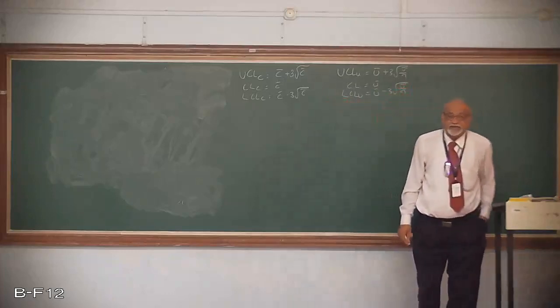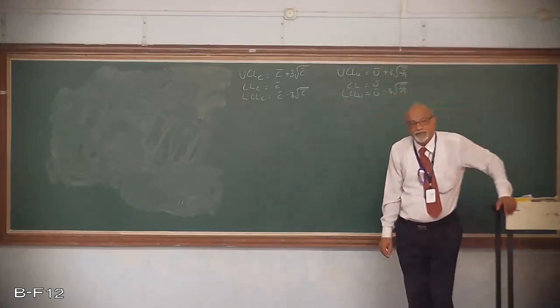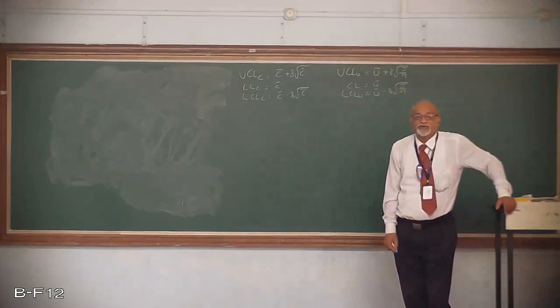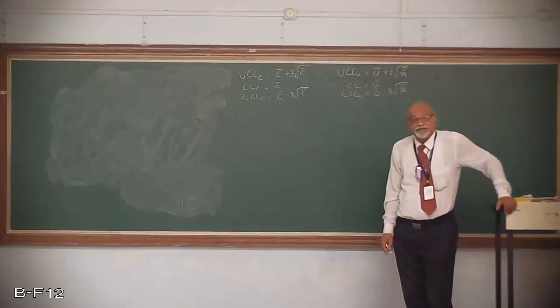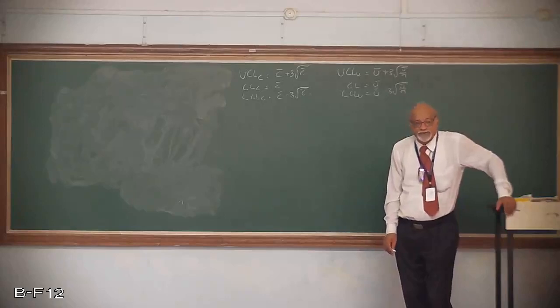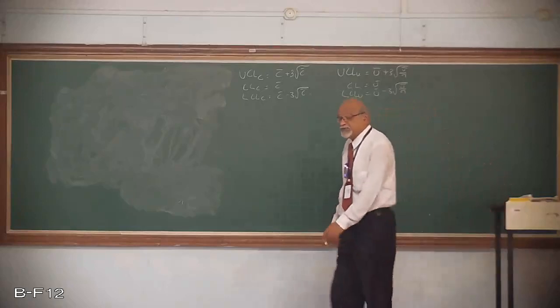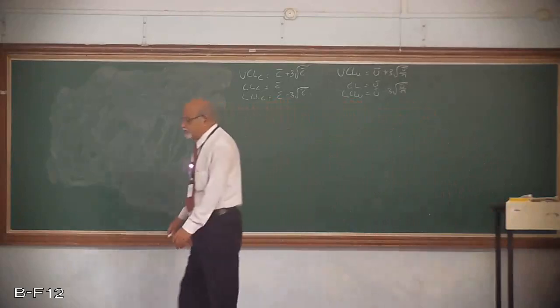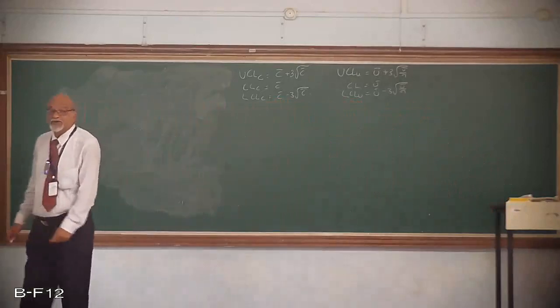Okay, at this juncture, I want to clarify two things. Any of the control charts, irrespective of whether it is a control chart for variables or attributes, one thing is common.